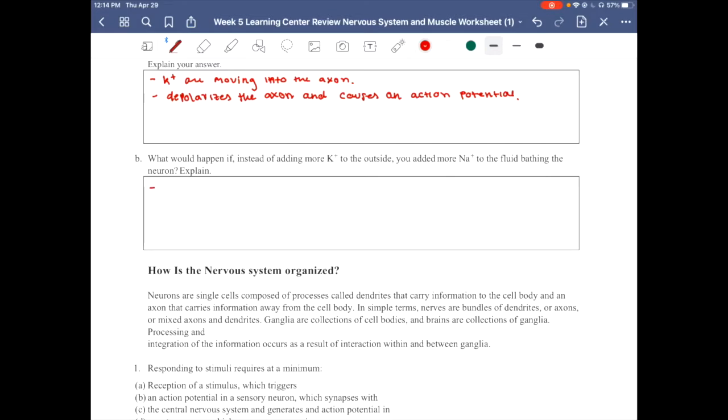But for this question, we can write that ions will move in and hyperpolarize the cell. All right, any questions so far?